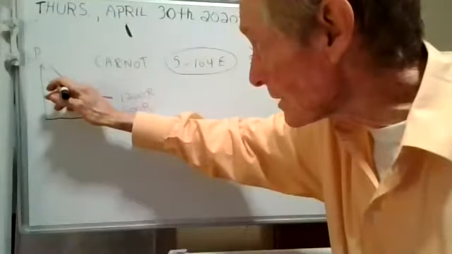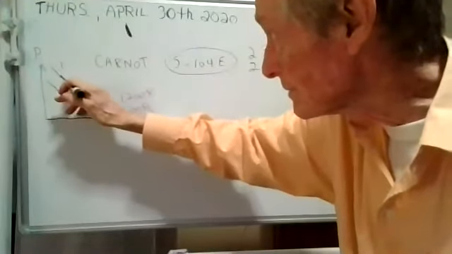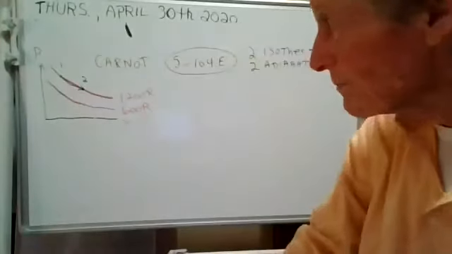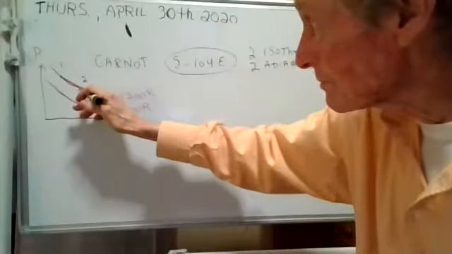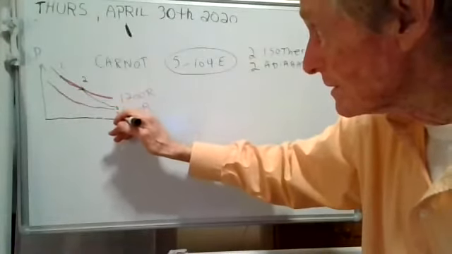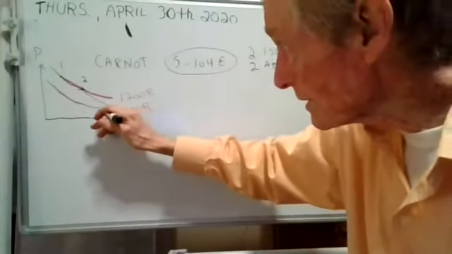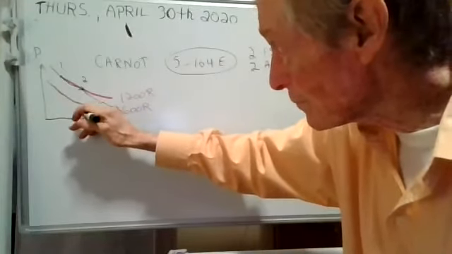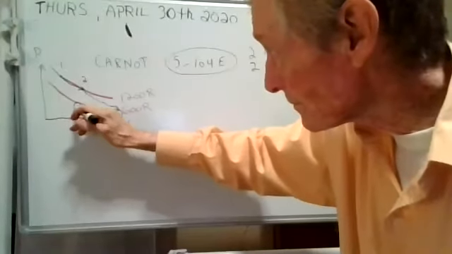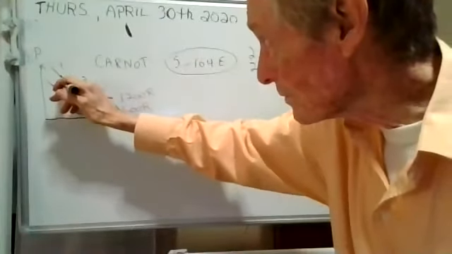But what they did was they go 1 to 2 on the isotherm, and they go 2 to 3 on an adiabat, and then they go from 3 to 4 on an isotherm, and then they go 4 back up to 1.